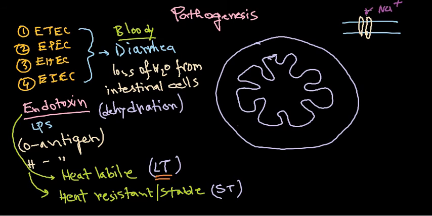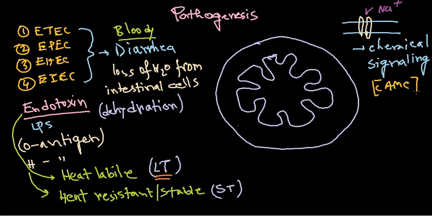And this movement of ions depends upon a kind of chemical signaling. The signaling we're talking about here involves ATP and cyclic AMP concentration. It depends upon the concentration of cyclic AMP inside the cell.